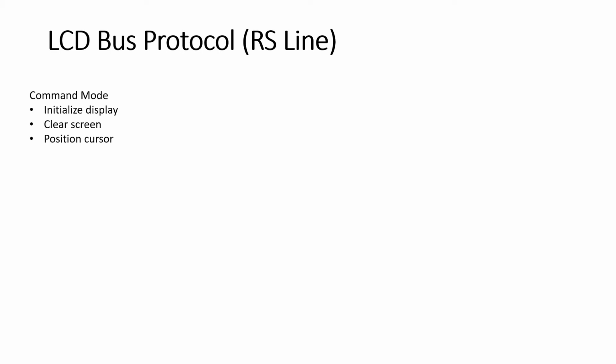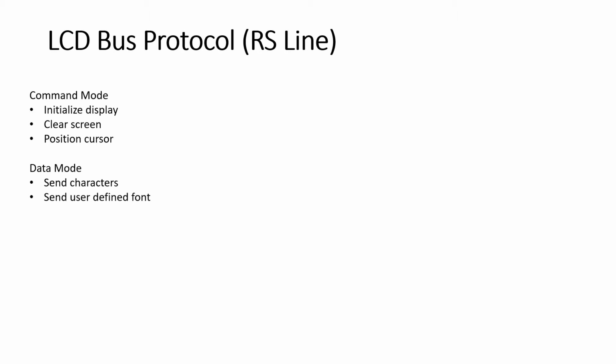The first control line is the RS line, or register select line, which switches between command and data mode. And the command mode has features like initializing the display or clearing the screen or repositioning the cursor.